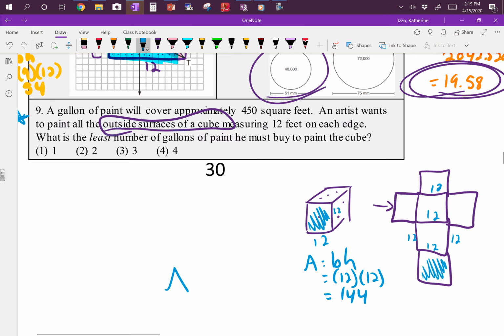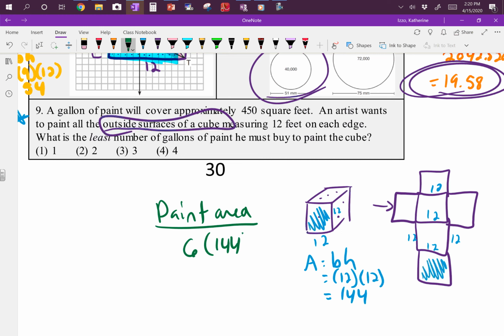Okay, so the area that he wants to paint, we'll call that the painting area. Paint area is 6 of the 144s, and that gets us 864 feet squared. Squared because we're looking at area. Okay.